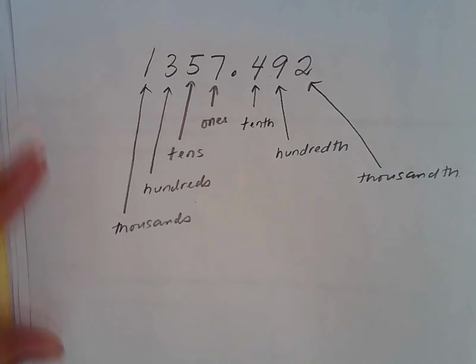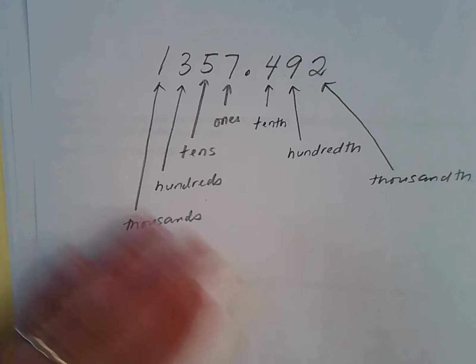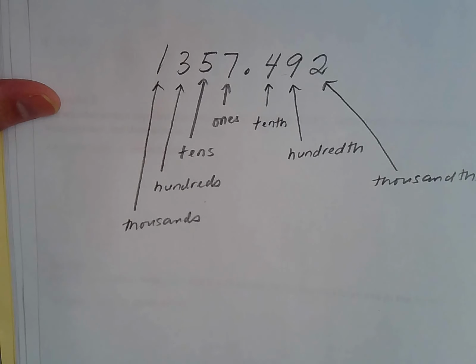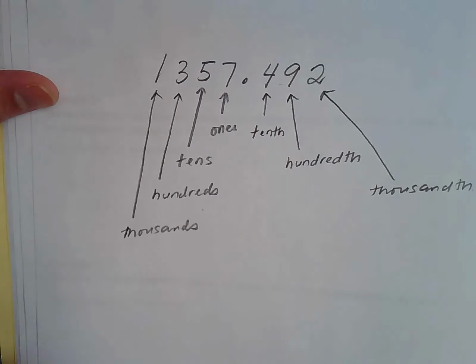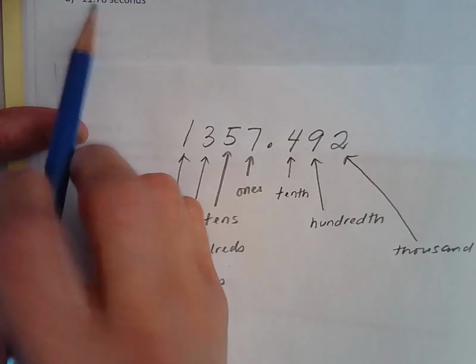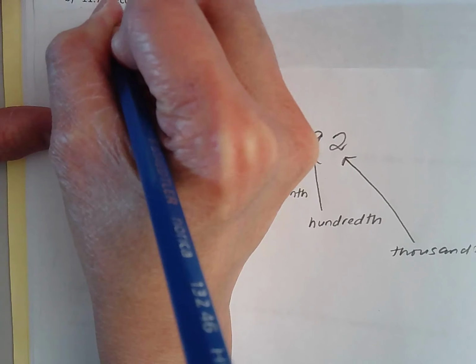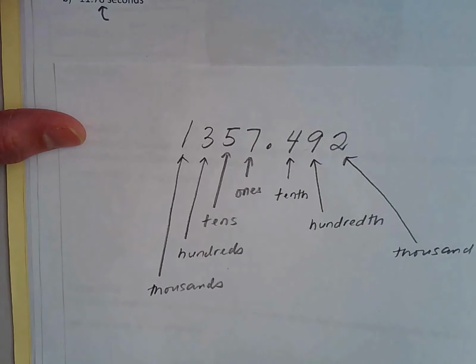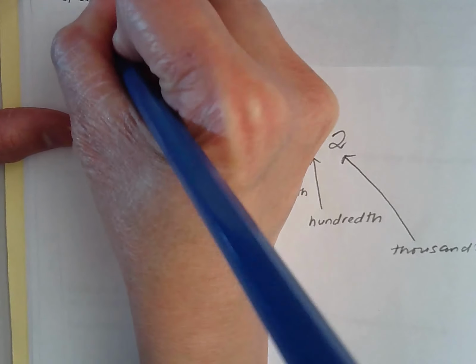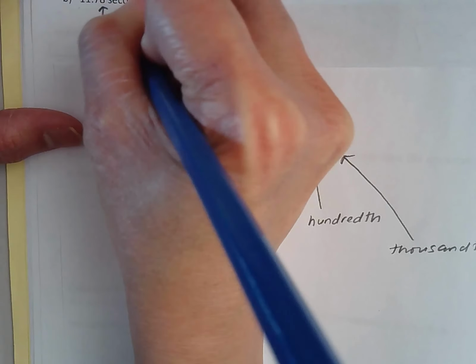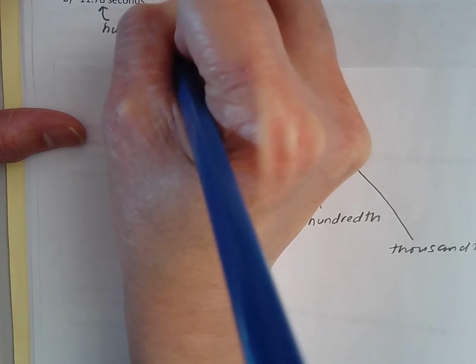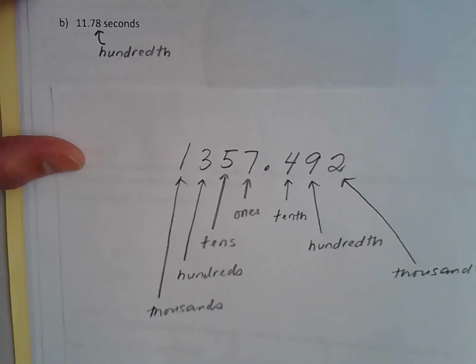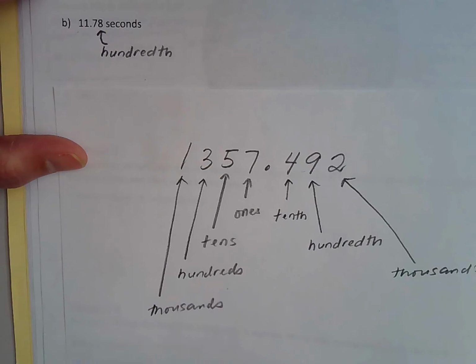So that's what I meant by place values. So the smallest place value here is the nearest hundredth. That's the smallest place value, the nearest hundredth.